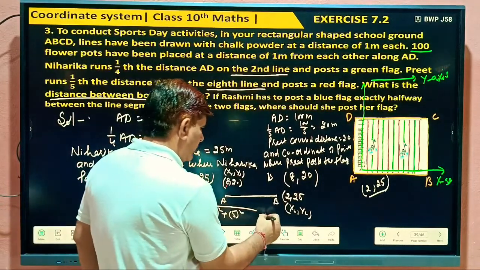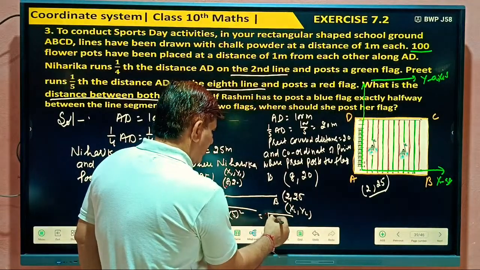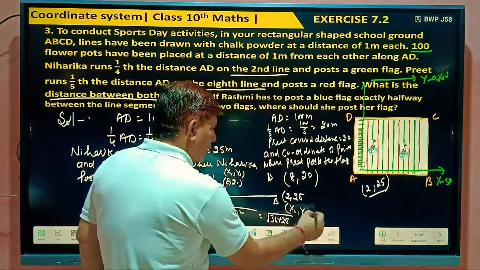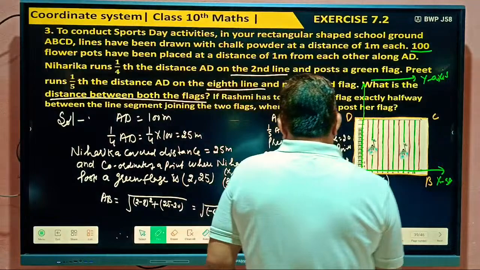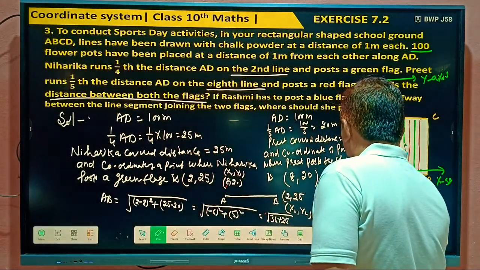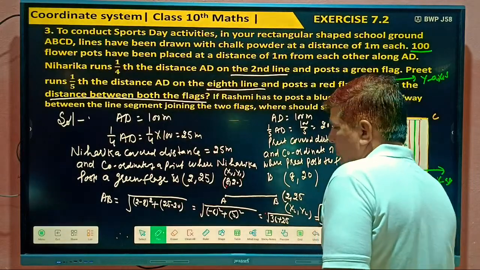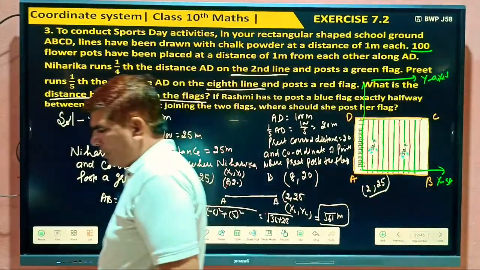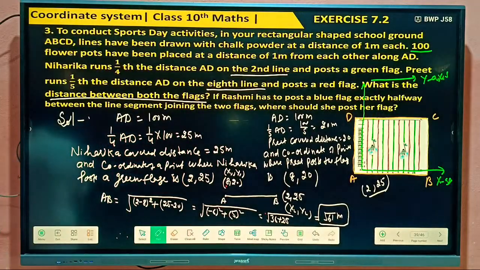So what is this? This is 36 plus 25. So how much is this? Under the root 61 meter we can say. So distance between these two.